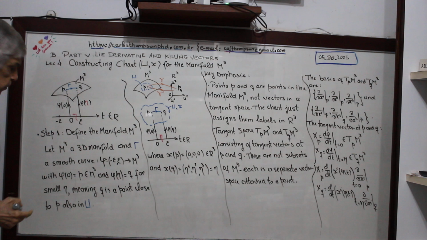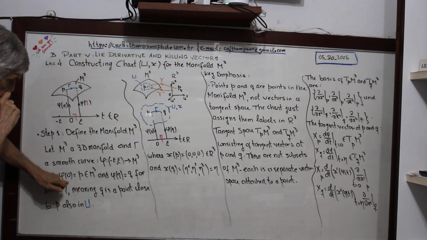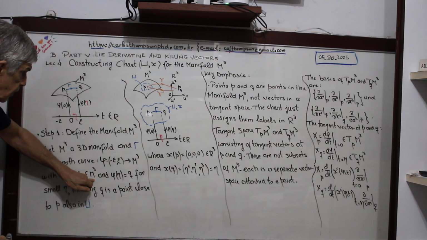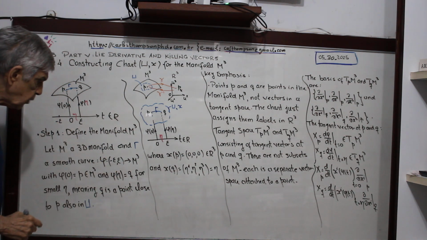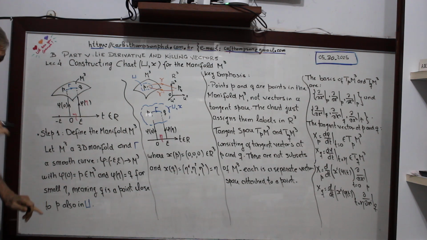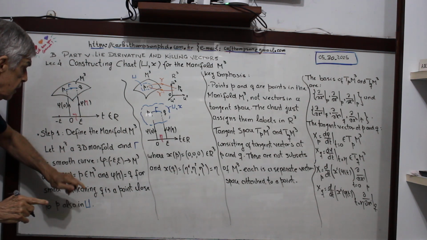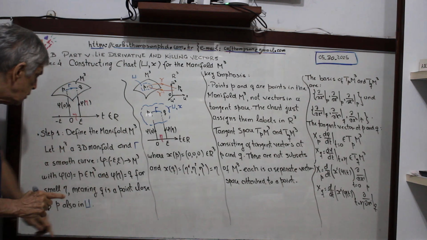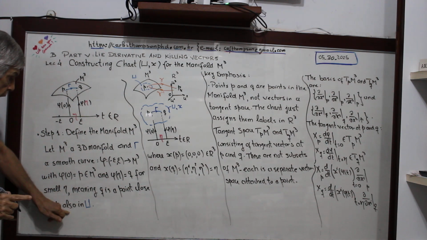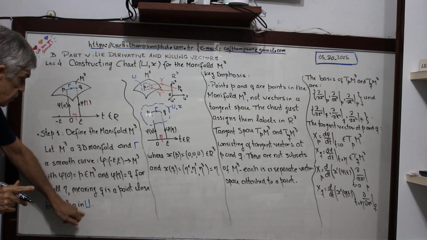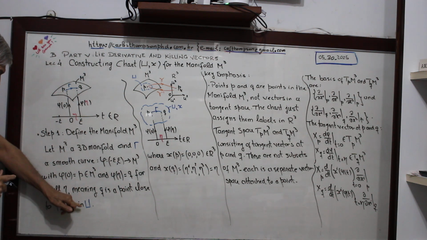By definition, phi of 0 is a point P, which belongs to M3, and phi of eta is Q, for small eta, meaning Q is a point very close to point P. Also, both belong to the chart U.